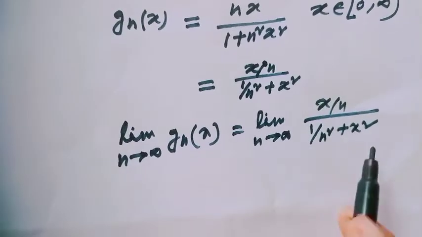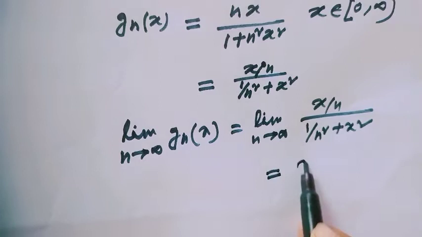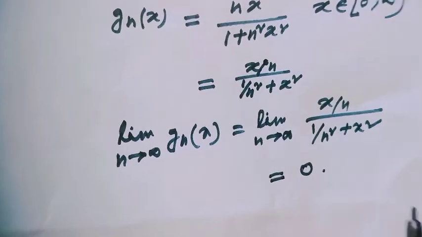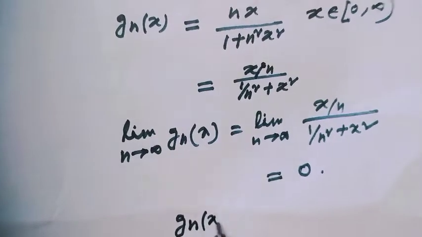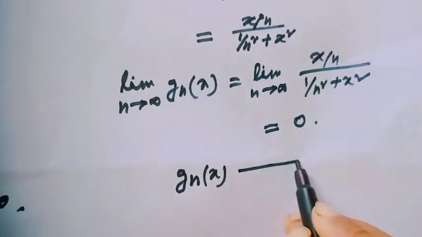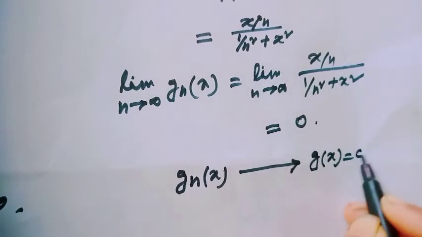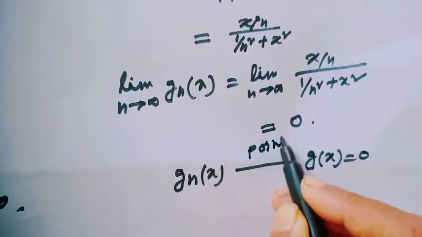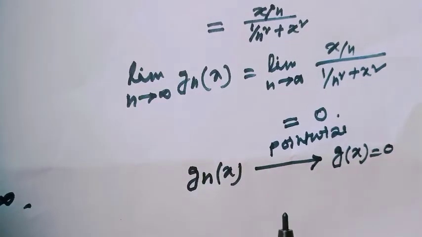And obviously, if you put the limit, then this value would be 0. That means the sequence of functions g_n converges to the zero function pointwise. Now we have to check, is this convergence uniform convergence?